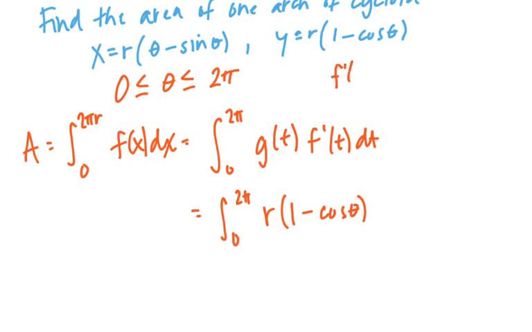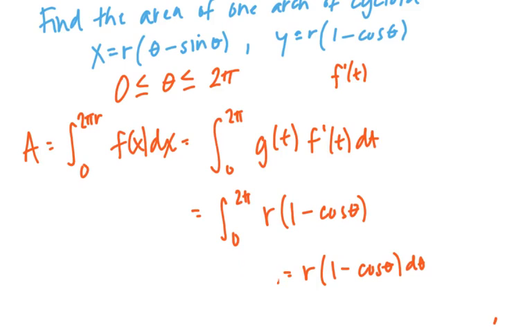Well, f prime of t, let's do it down here. F prime of t is the derivative of x with respect to t. So the derivative of x with respect to t is, r is a constant, so we have r, and the derivative of theta is 1 minus the derivative of sine theta, which is cosine of theta, d theta.